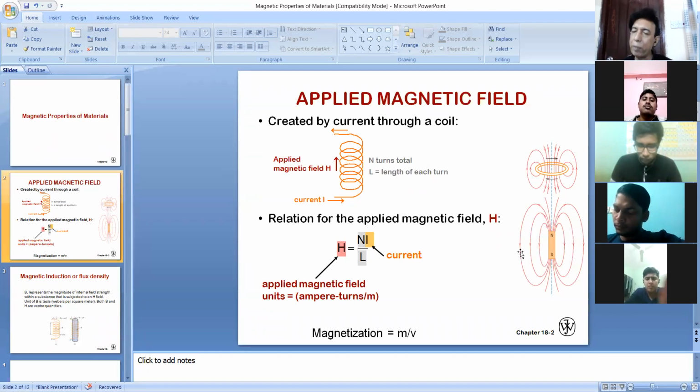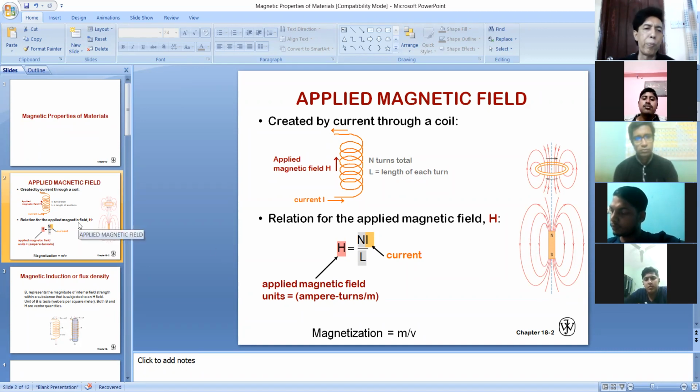If you place a magnetic material inside these lines of forces, then the material will behave like a magnet. And this is called magnetization of a material.